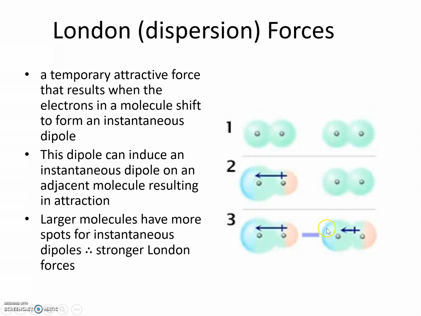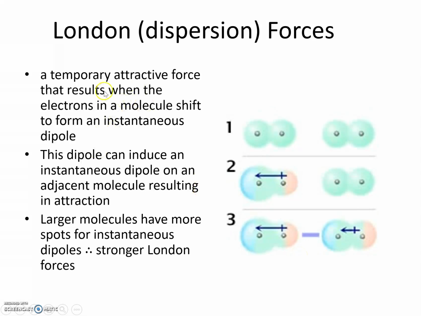It's going to be attracted to those, so it's going to pull that electron density over to this side, inducing this dipole that we see here. And then those two molecules are attracted to each other. Before, there wasn't really any attraction, but now, with this instantaneous dipole and the induced dipole, there's an attraction, so those molecules want to stick together.